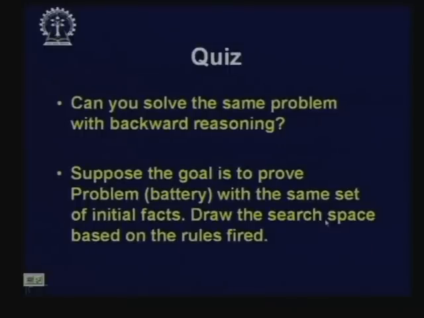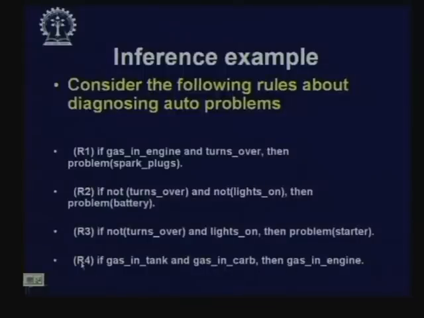Although this problem has been solved with forward chaining, as you have realized, we started by finding the rule matching gas in tank and gas in carburetor. So R4 was enabled, and in that cycle we came to know gas in engine. In the second cycle, R1, gas in engine and turns over, matched, so R1 fired.